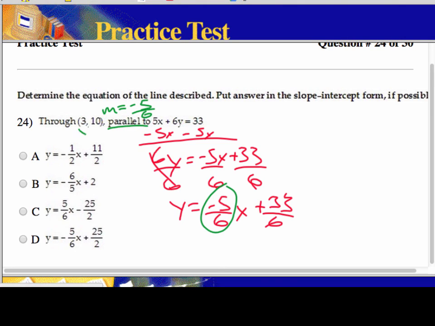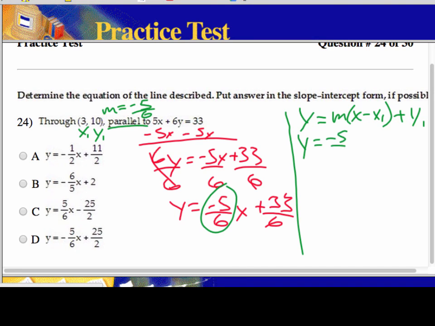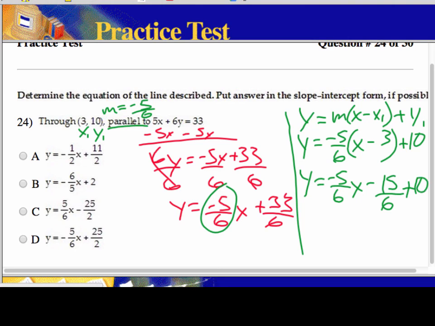So now I'm going to take that and plug it into my equation. So I'm going to say y is equal to m times x minus x sub 1 plus y sub 1, or y is equal to negative 5/6 times x minus 3 plus 10. Y is equal to negative 5/6 x minus 15 over 6 plus 10.